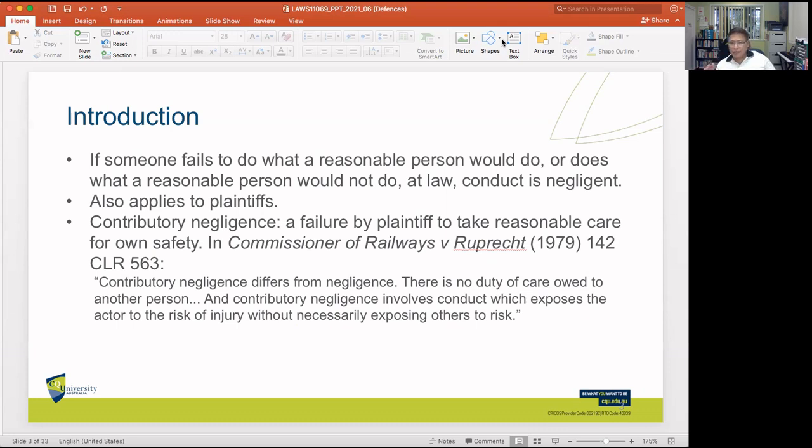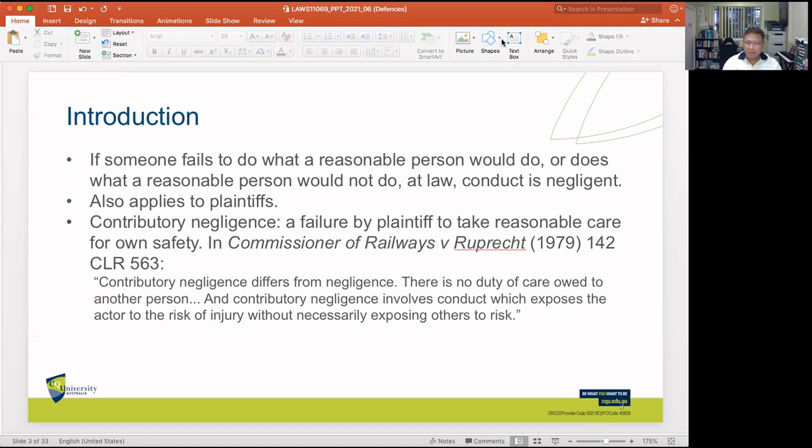Now, that particular principle does not apply only to the defendant when by his negligent action or omission that leads to harm to a plaintiff. It actually applies to a plaintiff as well. In other words, as far as the plaintiff is concerned, he must not engage in actions or omissions that are considered negligent, which would then lead to harm or injury to himself or herself.